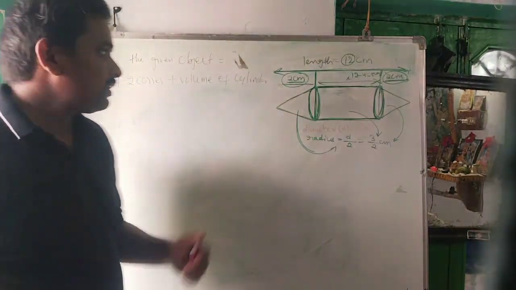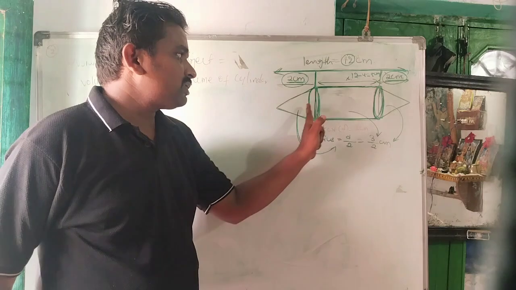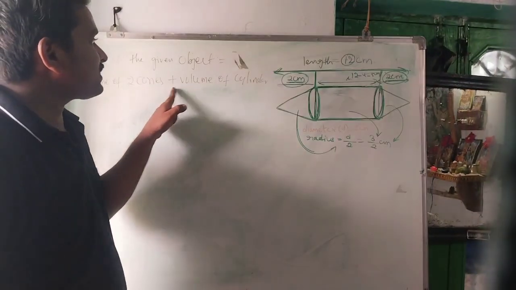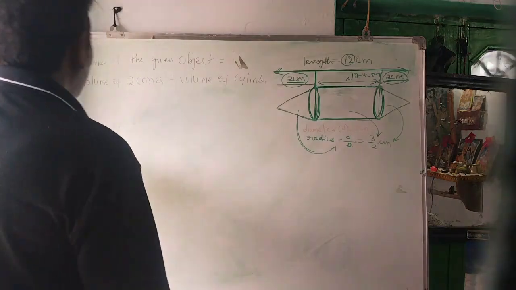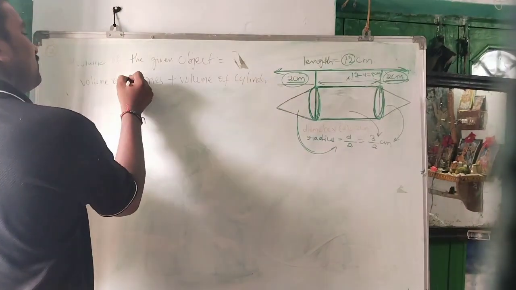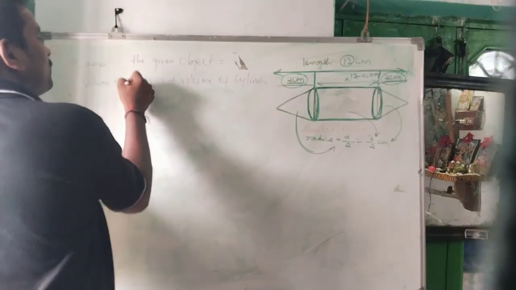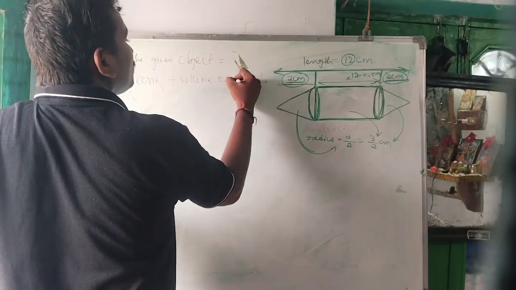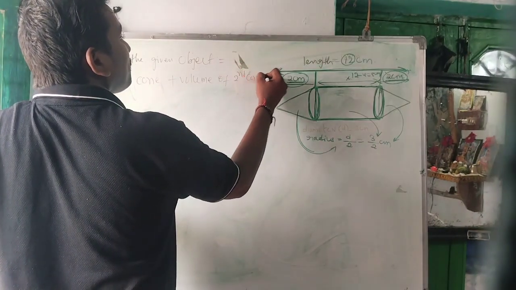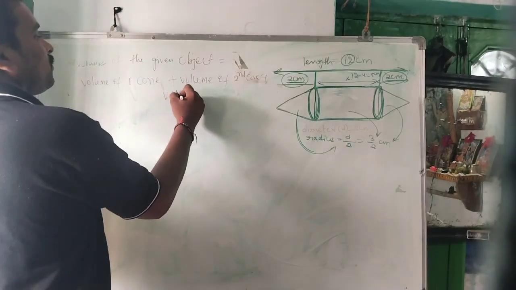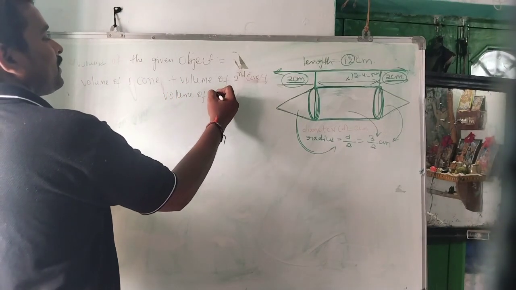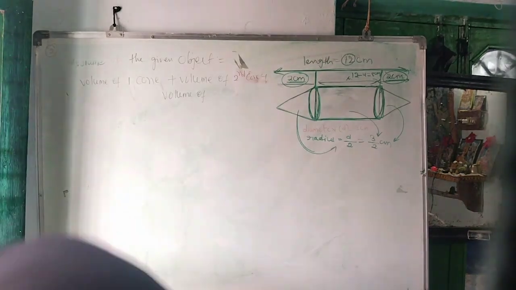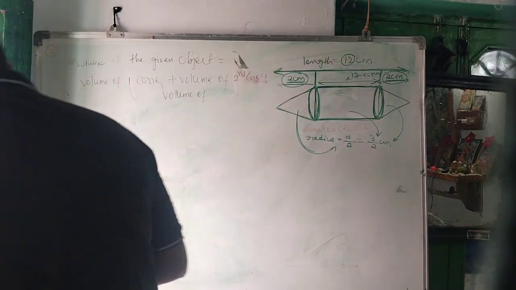Did you understand? These two cones are the same, so volume of two cones plus volume of cylinder. Otherwise, volume of first cone plus volume of second cone plus volume of cylinder. If you feel it is difficult, you can find their volumes separately.